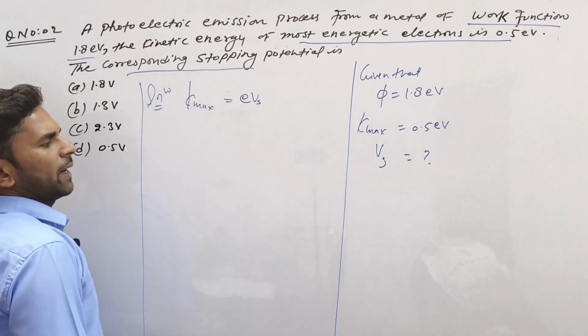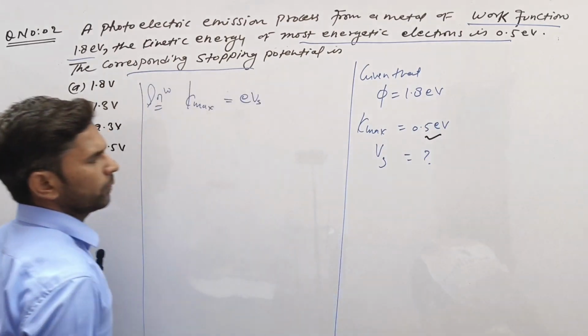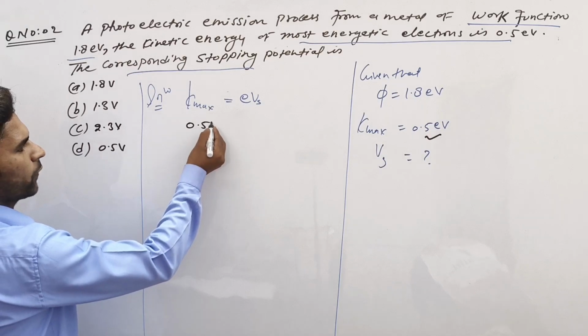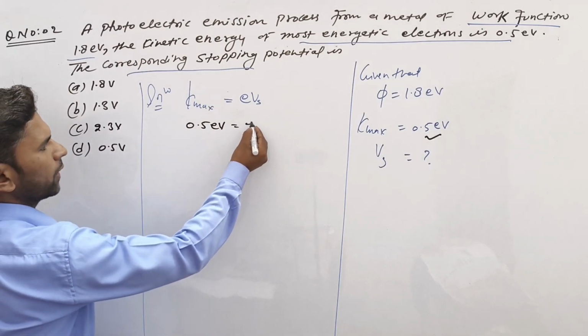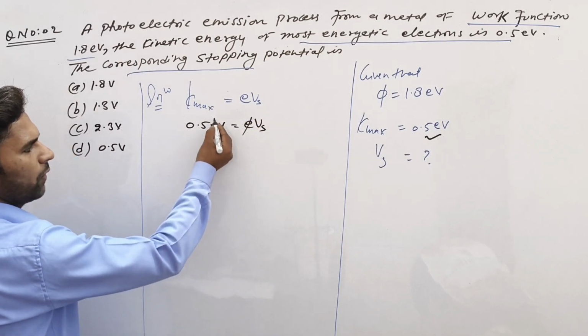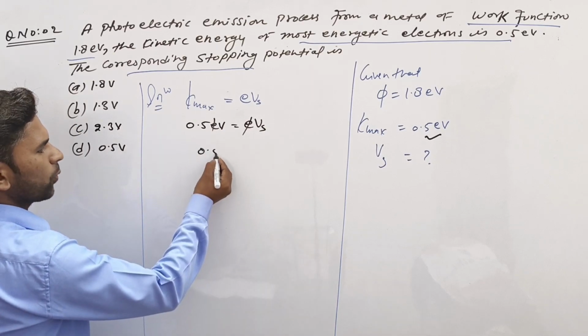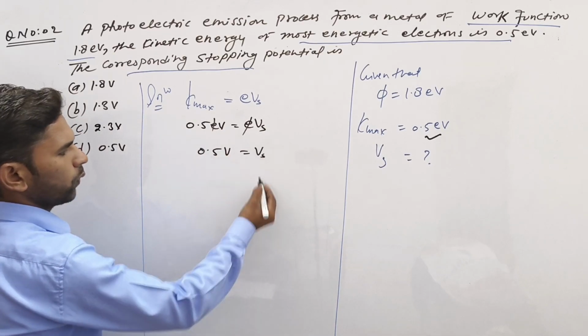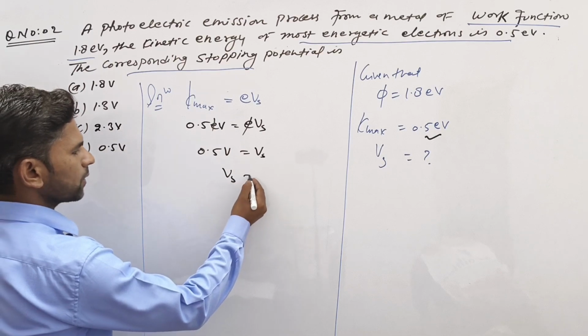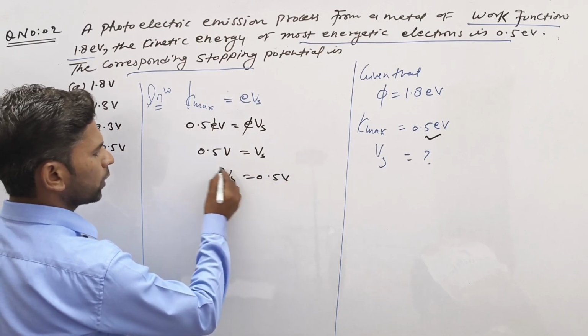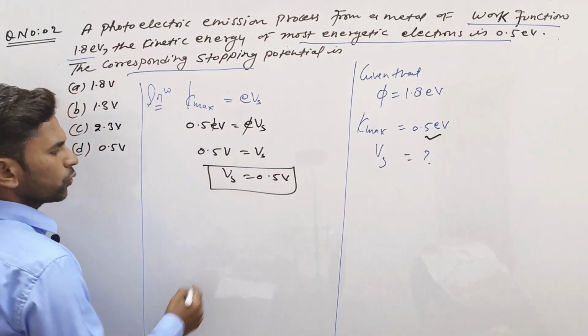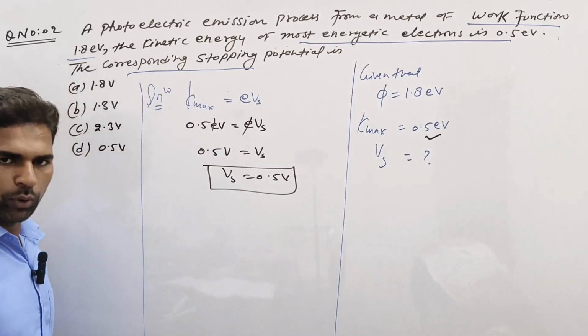The value of maximum kinetic energy is 0.5 electron volt, so you can write 0.5 electron volt equal to e V_s. So e will be cancelled. So finally 0.5 volt is equal to V_s. So V_s is equal to 0.5 volt. This is the final answer of this problem.